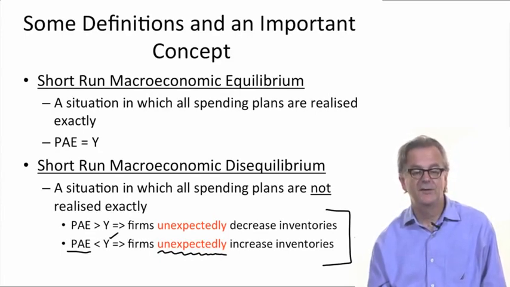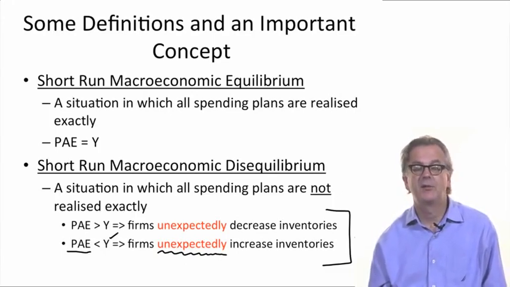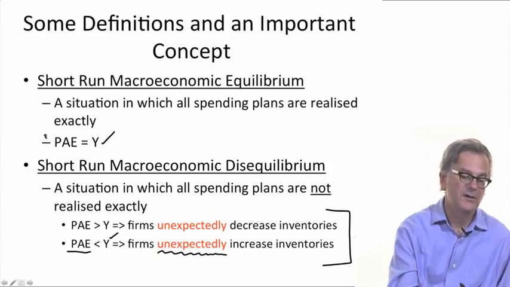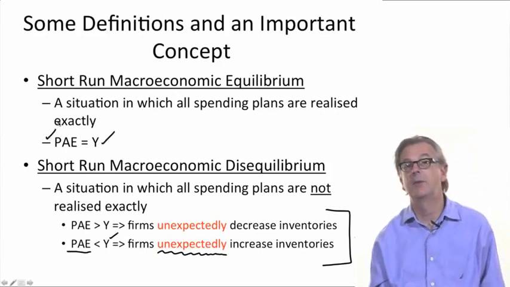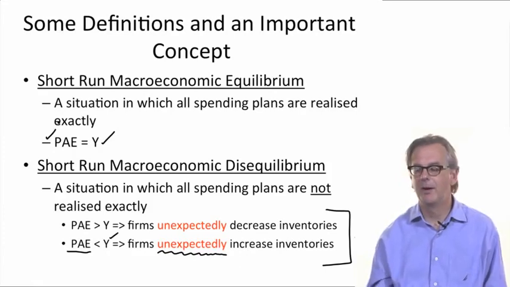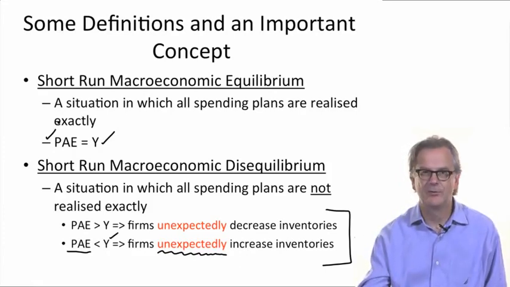And if the economy is in a situation where spending plans are realised exactly, so that the economy produces a flow of output that exactly matches what the economy is planning for its expenditure, that is going to be a situation of equilibrium. Anything else we will associate with macroeconomic disequilibrium.